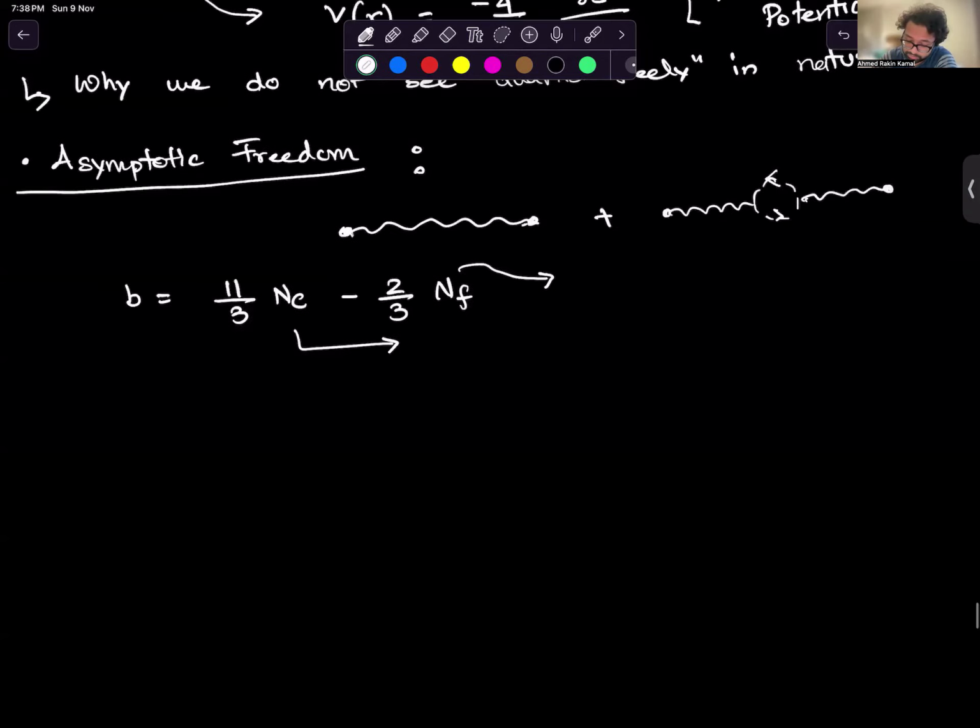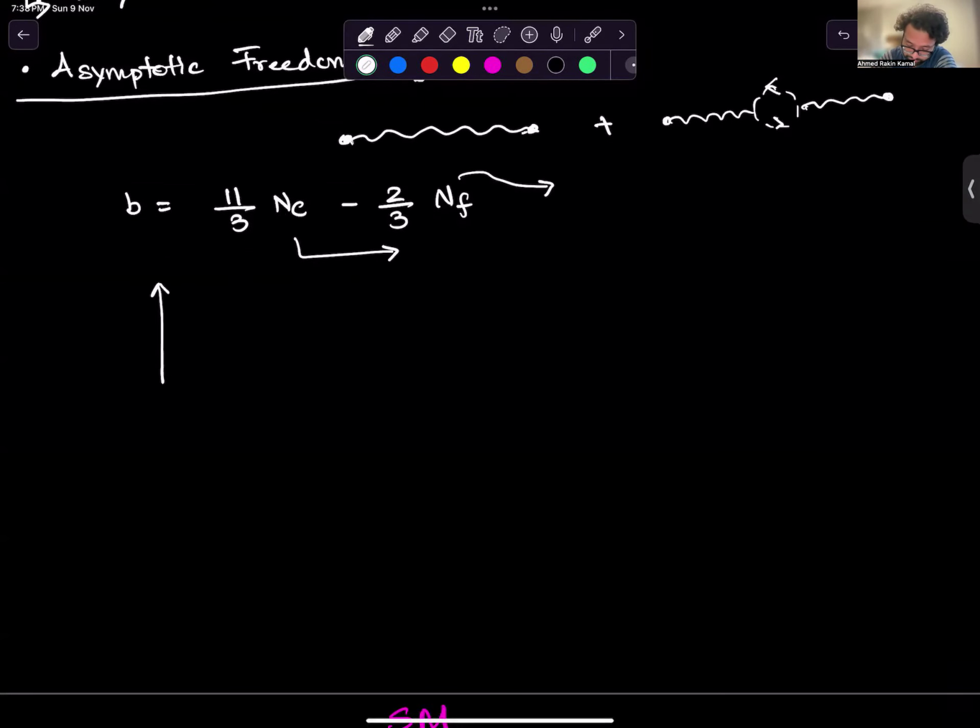So there are two interesting phases. Let's say this is my cutoff of the theory, and this is some energy scale.